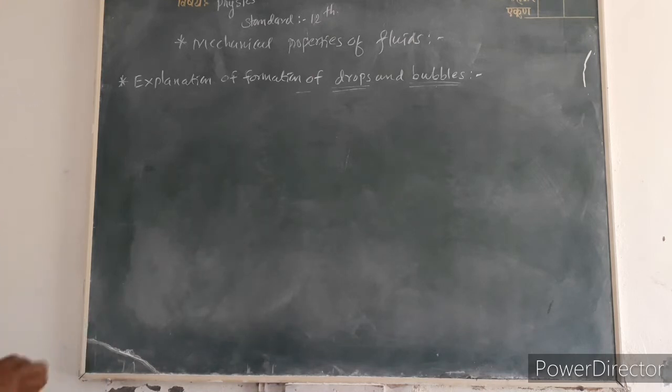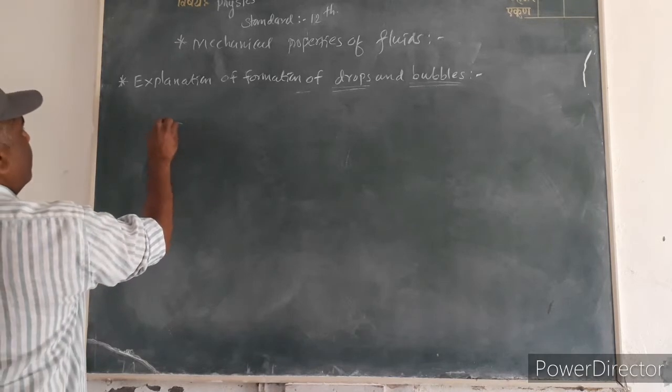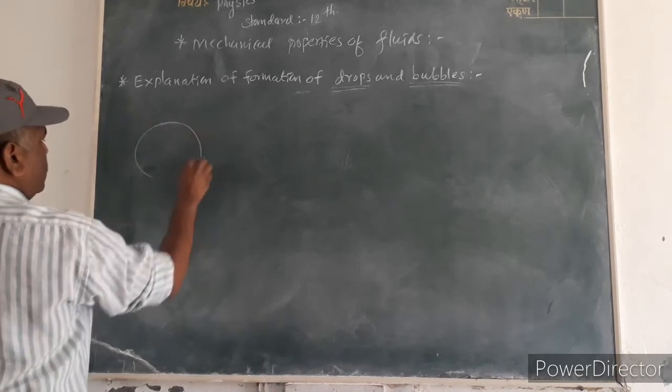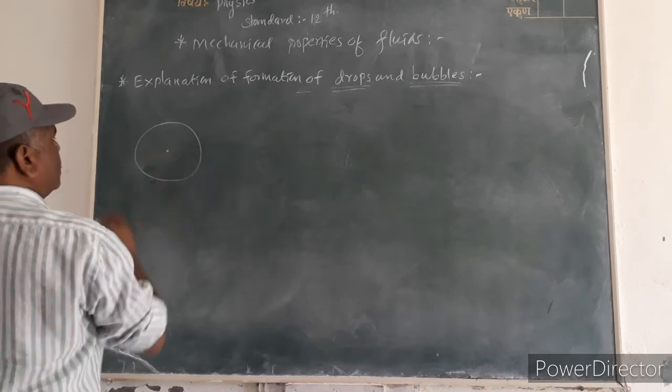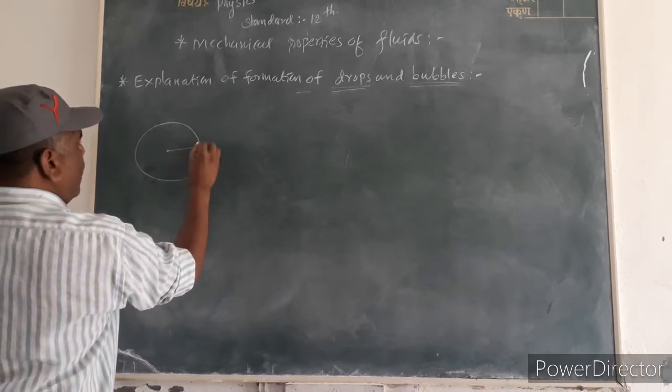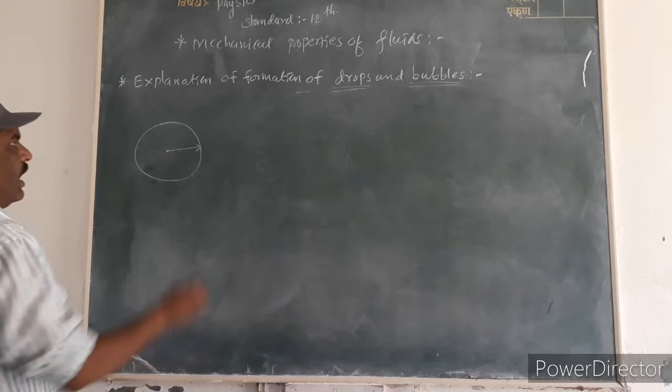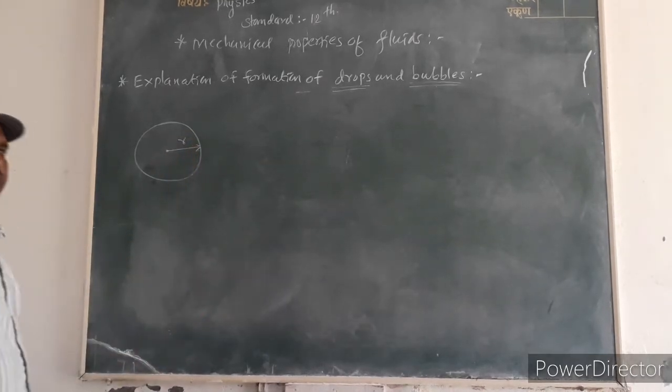Now we consider the drop, or spherical drop. Suppose this is the center and R is the radius of the drop.